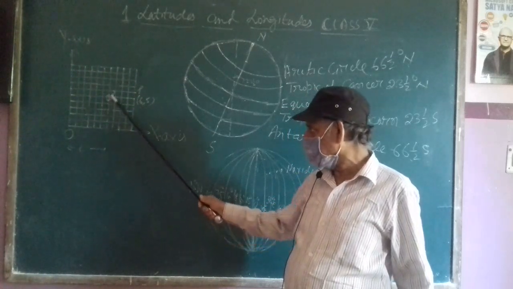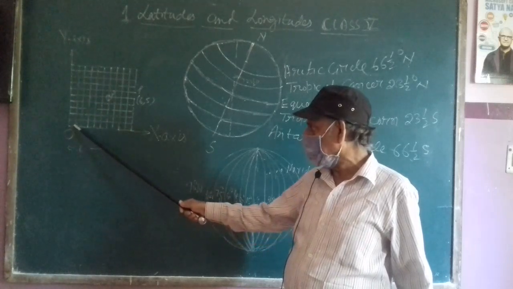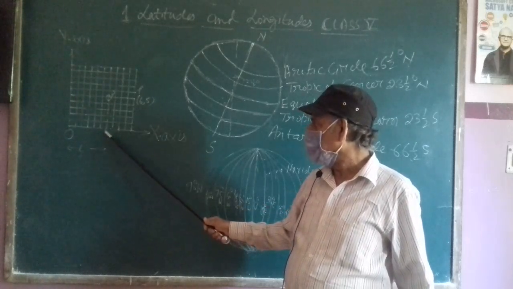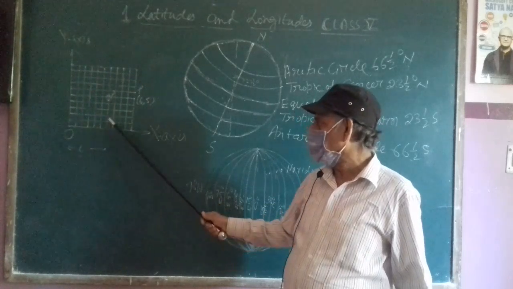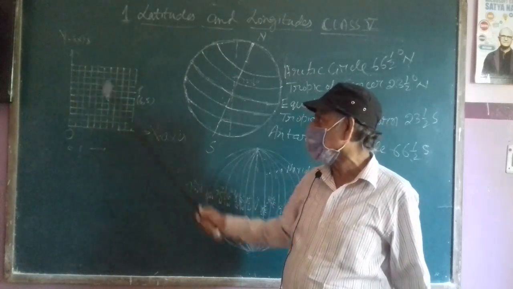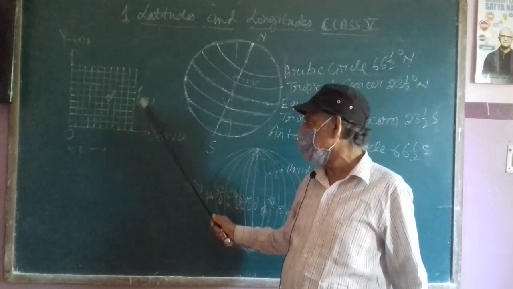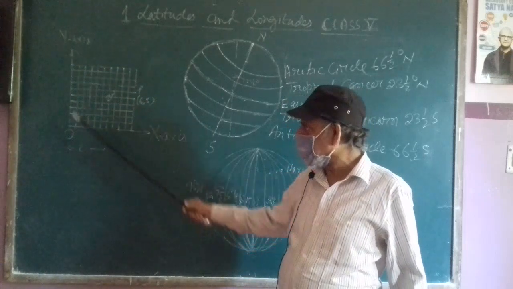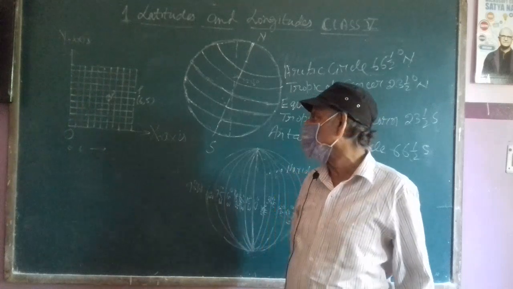If you drop a perpendicular, its foot lies at the sixth space, 6 centimeter from O. And if you go up, you see 1, 2, 3, 4, 5. 5 spaces upwards along the y axis. So our point is known as 6, 5. 6 along the x axis, 5 along the y axis. So you need both the distance from x axis as well as distance from y axis to know the point.